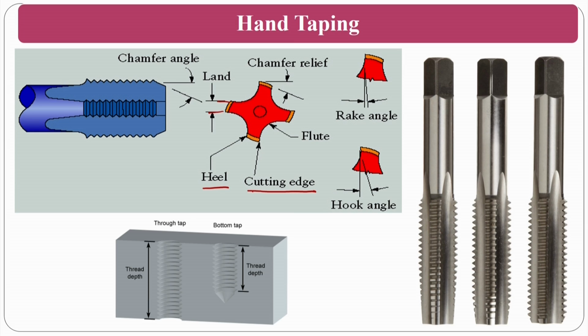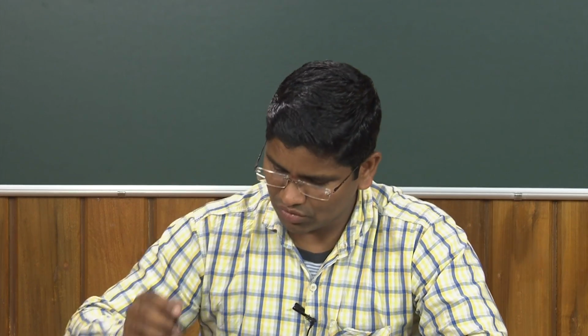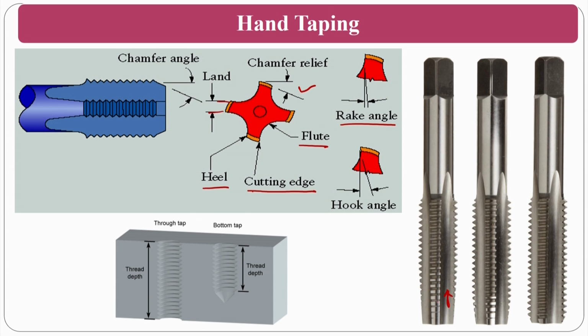Here you will also get a relief, normally called a chamfer relief, and you will also have a certain rake angle here, and you will also have the flute, so that the chips generated there have a provision to come out. You can see the flute here. Through these flutes, the chips come out along with the lubricant or the cutting fluid that is used here.